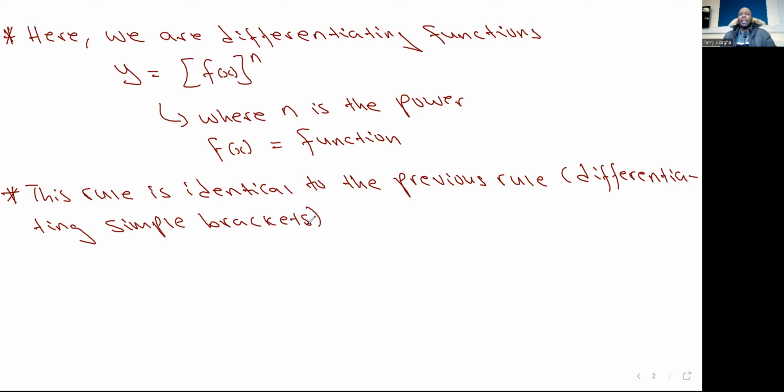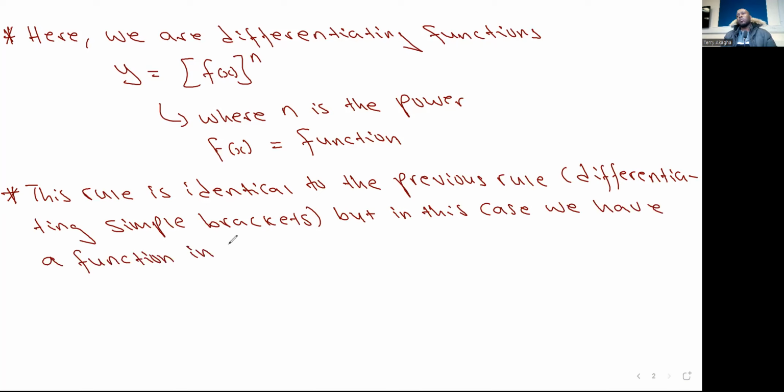So it's basically exactly the same, the only difference is that in this case we have a function in the bracket. You could have a function like a quadratic function, a polynomial function, or an exponent.